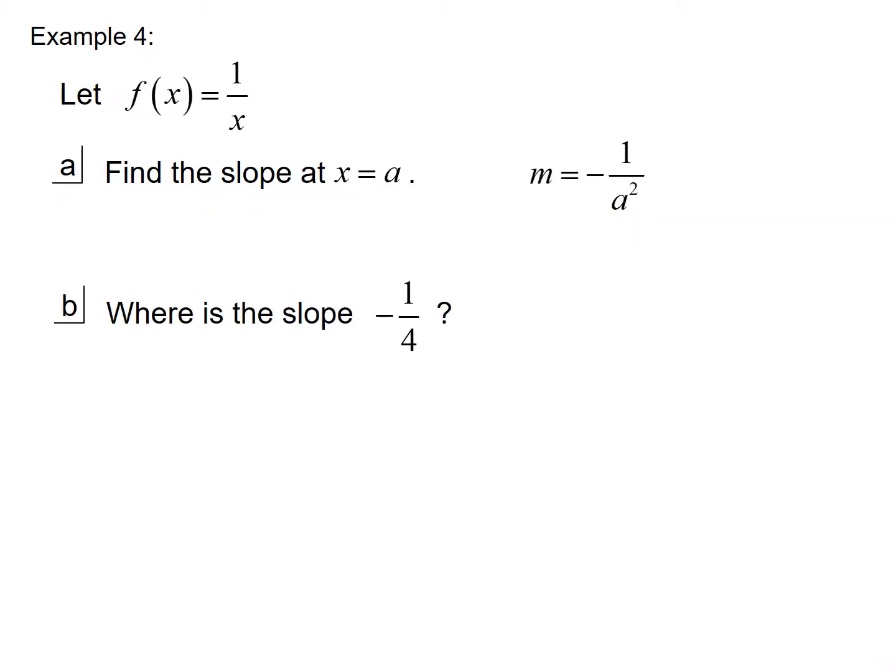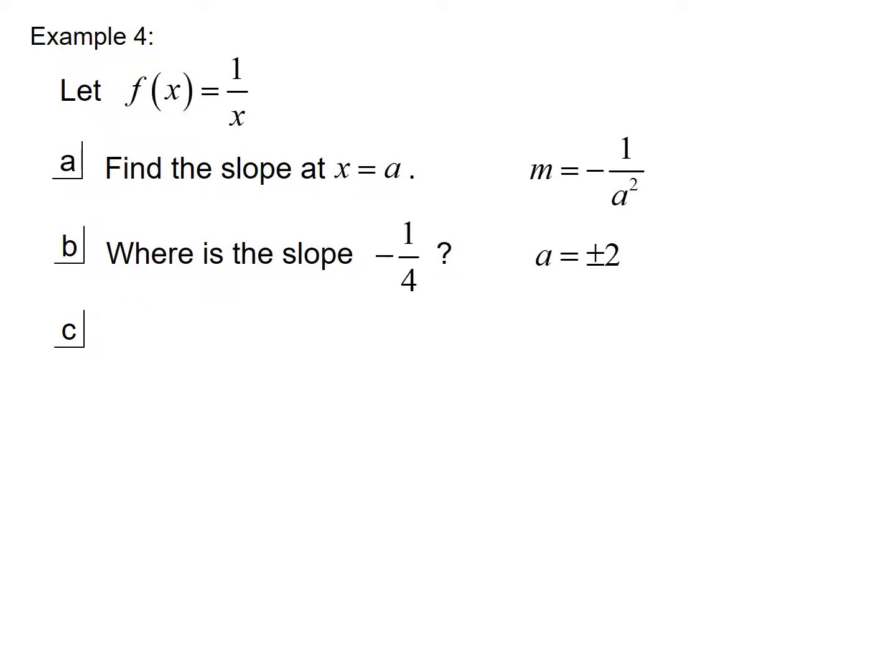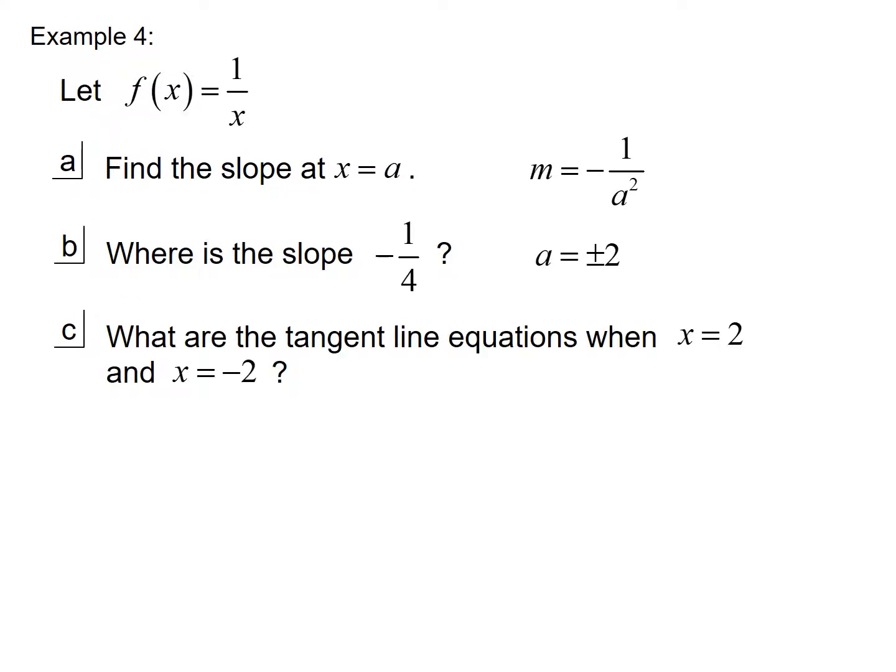So we want to find out now where the slope is equal to negative 1/4. So set negative 1/4 equal to negative 1 over a squared. And we find that there's two possibilities, a equals 2 and a equals negative 2. And now let's find the tangent line equations when x equals 2 and negative 2. So we already know that the slope is negative 1/4 from the previous step, and we can find the y value by plugging 2 into f of x.